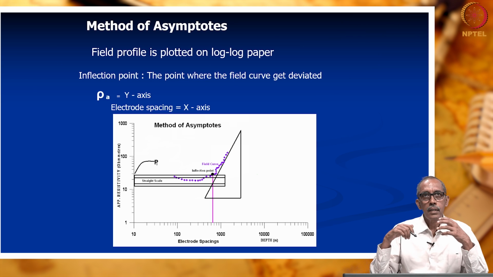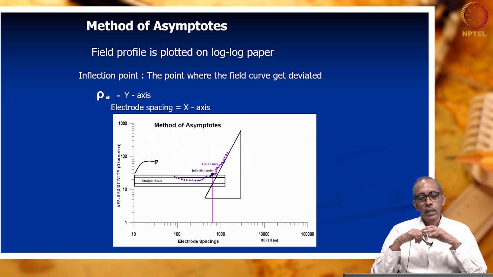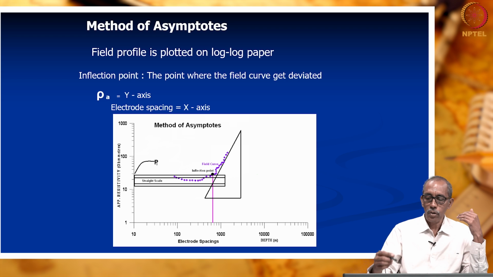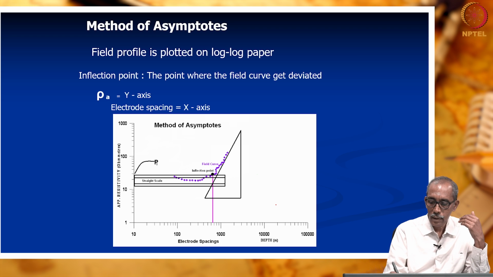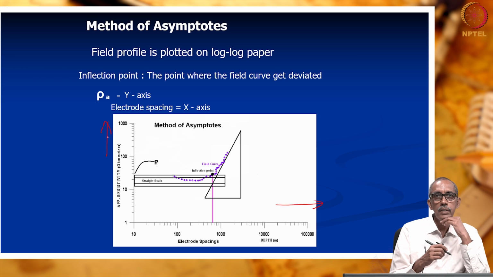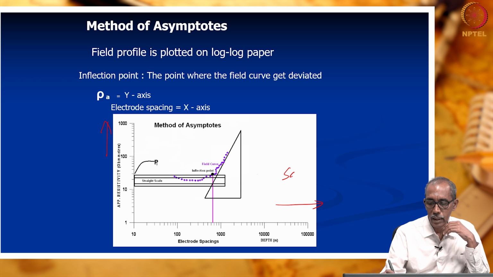First is method of asymptotes. Here, as usual, we plot depth versus apparent resistivity. As a convention, we plot electrode spacing in log scale as well as apparent resistivity in log scale if we carry out the method in Schlumberger.